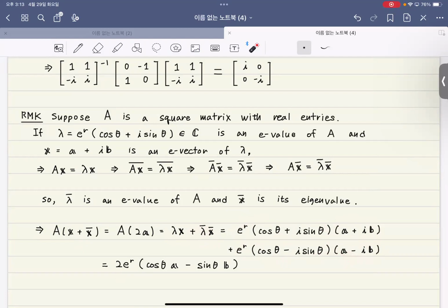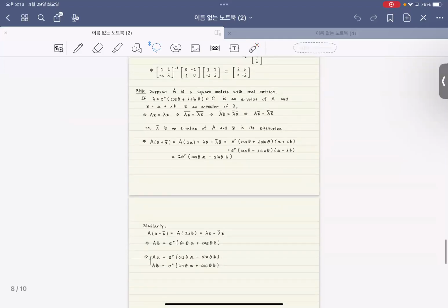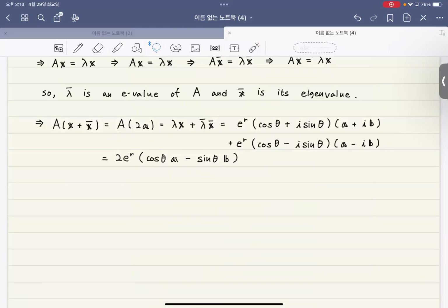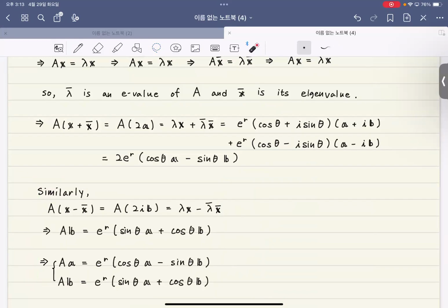It turns out A times a is e to the r times (cosine theta times a minus sine theta times b). And similarly, this time I will try A not on x plus x bar, but on x minus x bar.